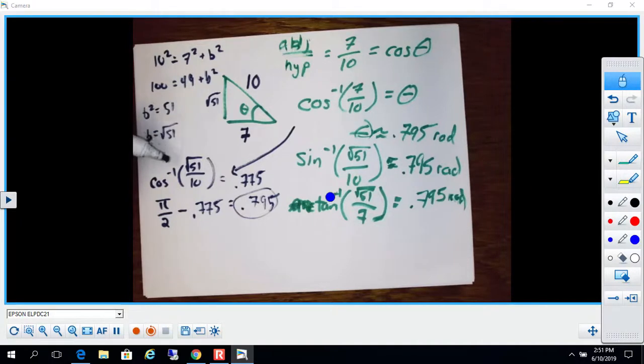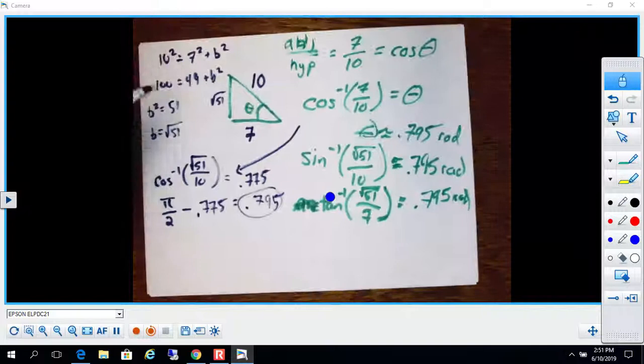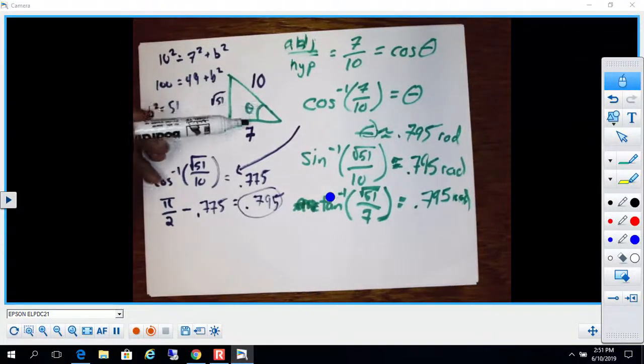So if I'm doing the inverse cos of root 51 over 10, what angle am I getting? Here the cos of this angle would be 7 over 10, not root 51 over 10, right?